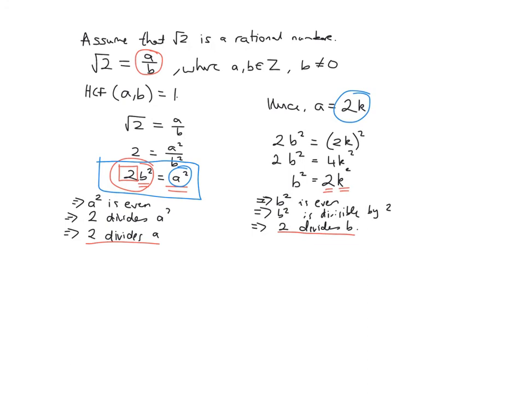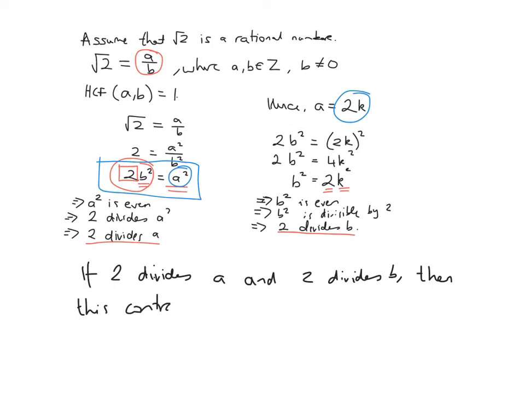Okay, so we've just shown that if 2 divides a and 2 divides b, then this contradicts the assumption that we made at the start, that the highest common factor between a and b is 1.